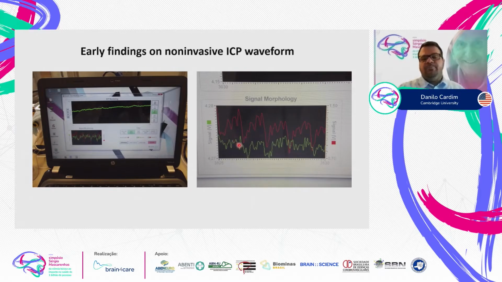So back in those days, we had early findings that even the minimally invasive sensor was able to capture these small oscillations that corresponded to the intracranial pressure waveform, which the totally non-invasive methods nowadays rely on for the analysis of the different waveform peaks and different parameters in the brain.